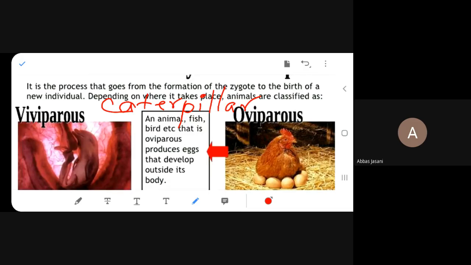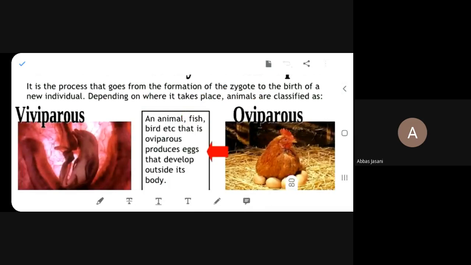It is caterpillar. That's what I'm asking you. From caterpillar, it becomes a beautiful butterfly. From tadpole, it becomes a frog. From caterpillar or larva, it becomes a beautiful butterfly, and that is called metamorphosis.